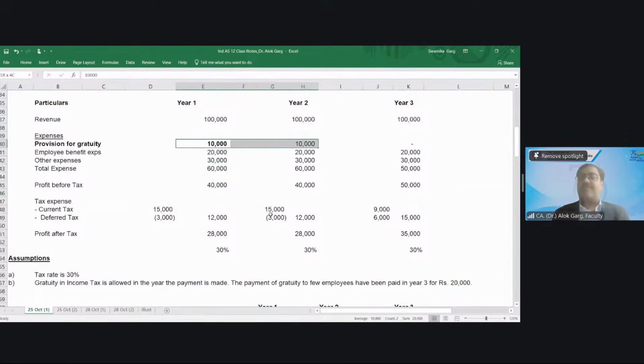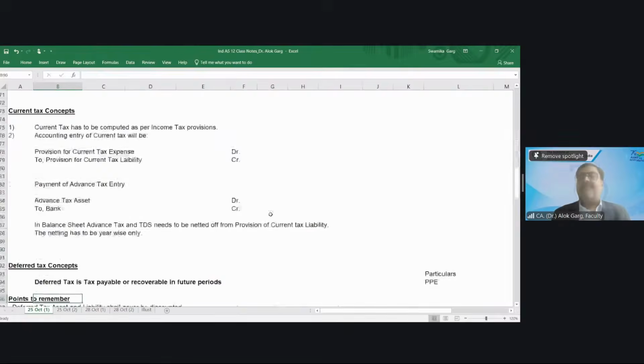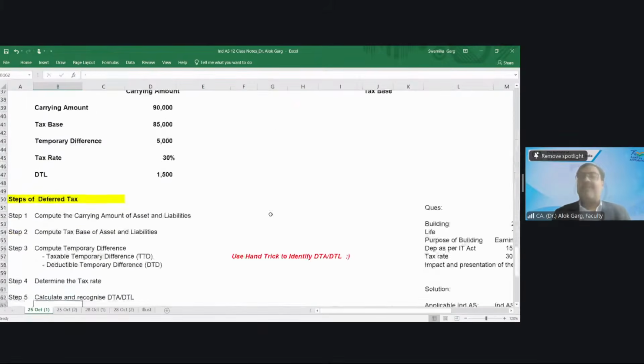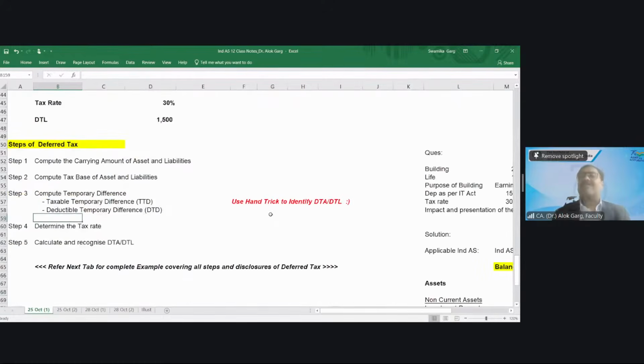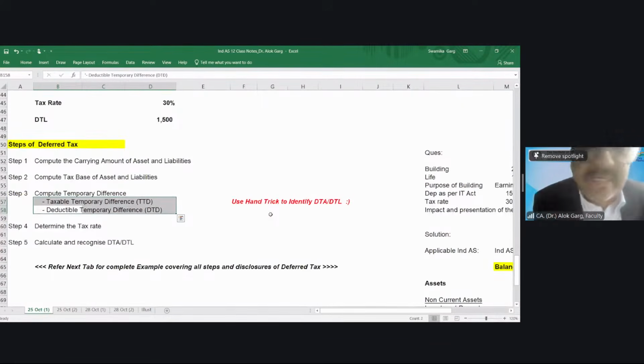So it means these temporary differences of provision for gratuity are creating a recoverability in future, a tax deductibility in future, tax recoverability in future. So deductible temporary differences will create a deferred tax asset, right? Deductible temporary difference will create a deferred tax asset.